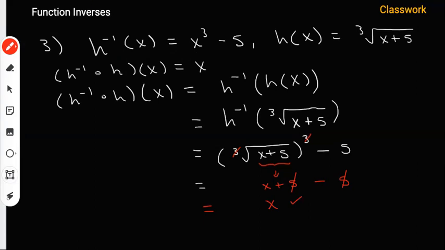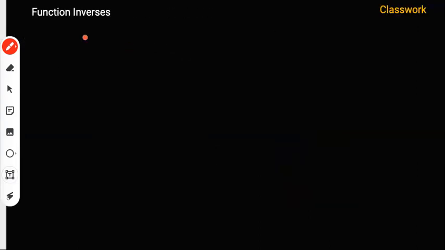Let's look at number 4. All right, for number 4, I'm given P of X is equal to 6 to the X minus 2 power. What I need to do first is replace P of X with a Y. That's always my first go-to step.